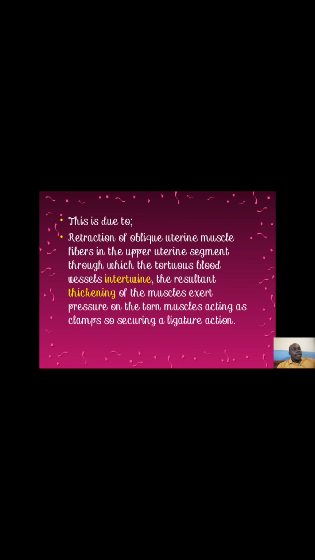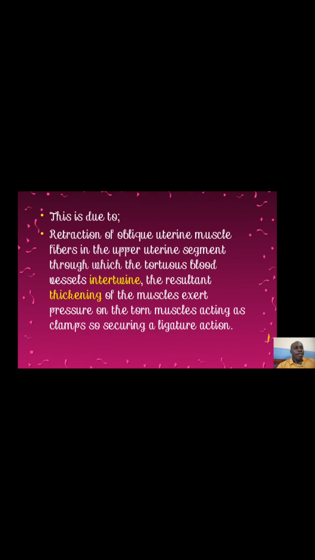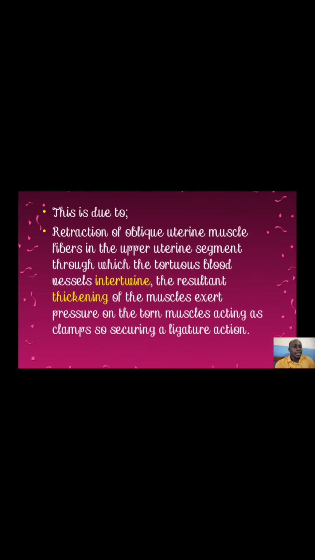So hiki kitu ambacho kinasaidia kwamba why it should shut down, this is due to retraction of oblique uterine muscle fibers in its upper uterine segment, through which the tortuous blood vessels intertwine. The resultant thickening of muscles exerts pressure on the torn vessels, acting as a clamp, so securing ligature action. Kwa nini damu inashut down after baby's delivery?